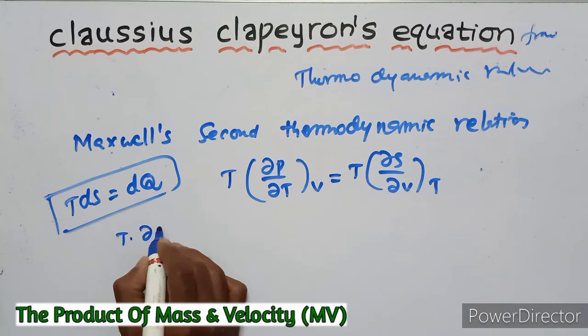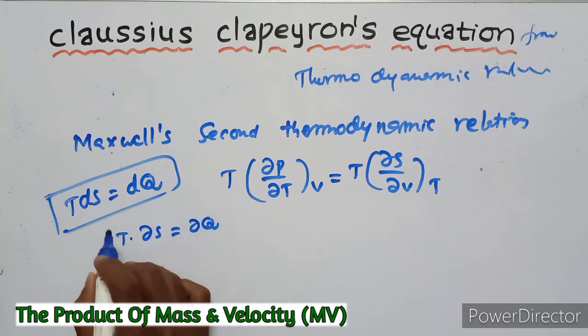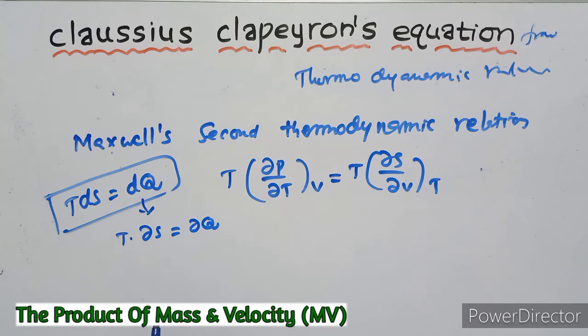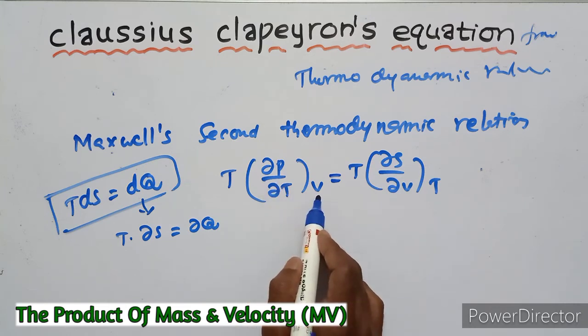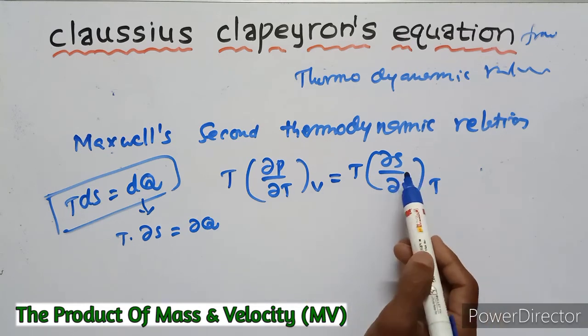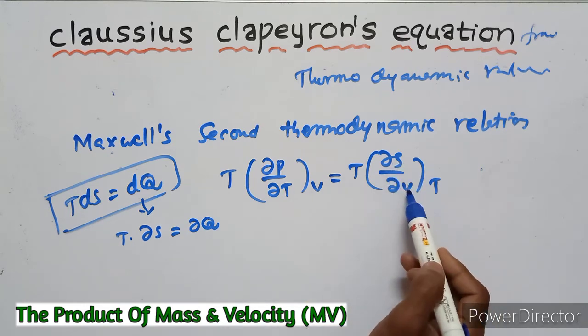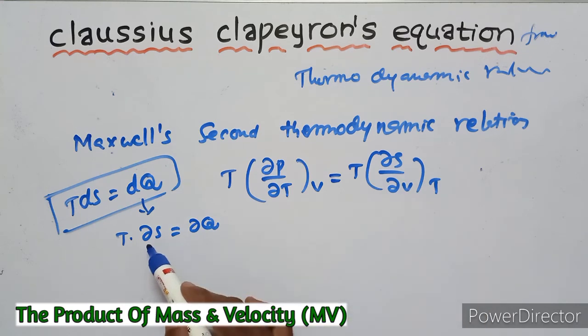Then T into ∂S is equal to ∂Q. So in the place of ∂S it can be written as ∂Q upon T.